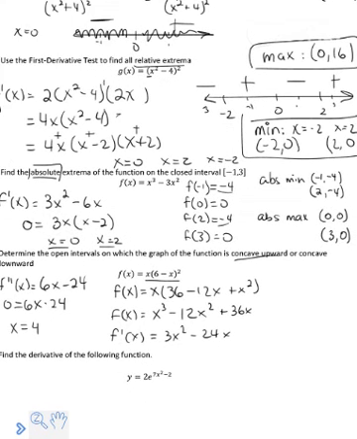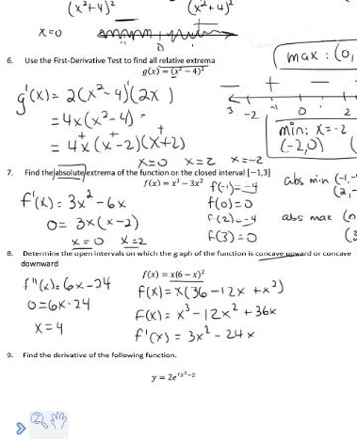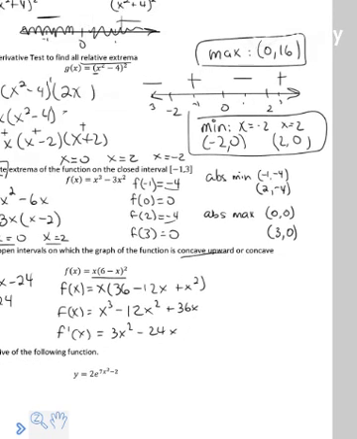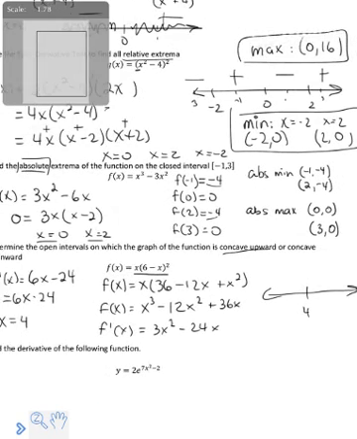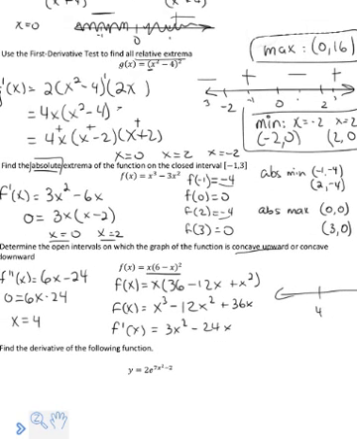So much like question 6 or question 5, now that we have that value of 4, we can place it on a real number line, test points on either side, so 3 and 5, go back to the second derivative. If I test a 3 right here for x, I get 18 minus 24, which is a negative number. If I test a 5 right here, you get 30 minus 24, which is a positive number.